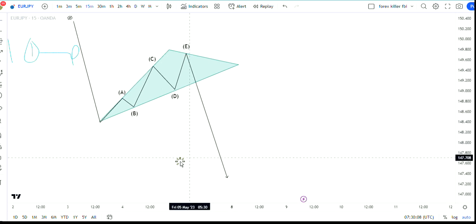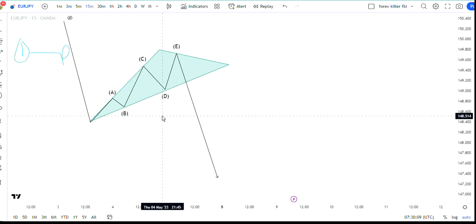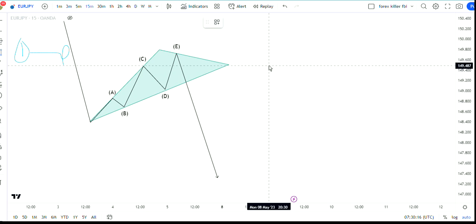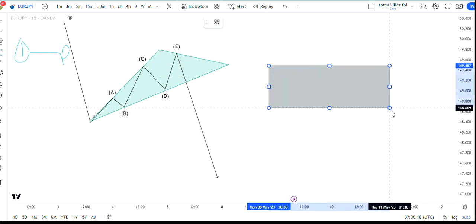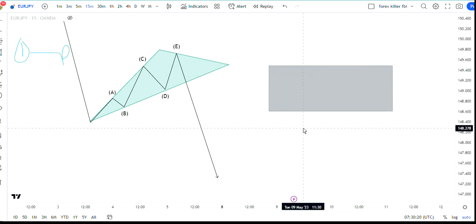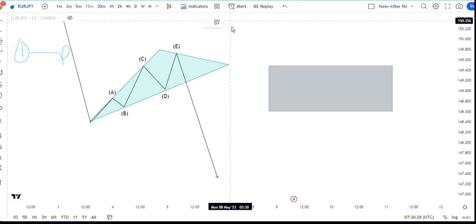And sometimes, instead of a triangle, we will be having a rectangle. A rectangle is also a continuation correction that can be used by market makers to direct the market in a certain move.